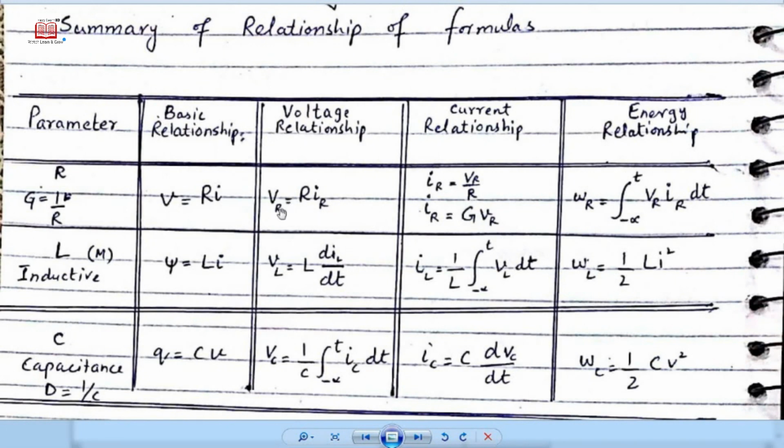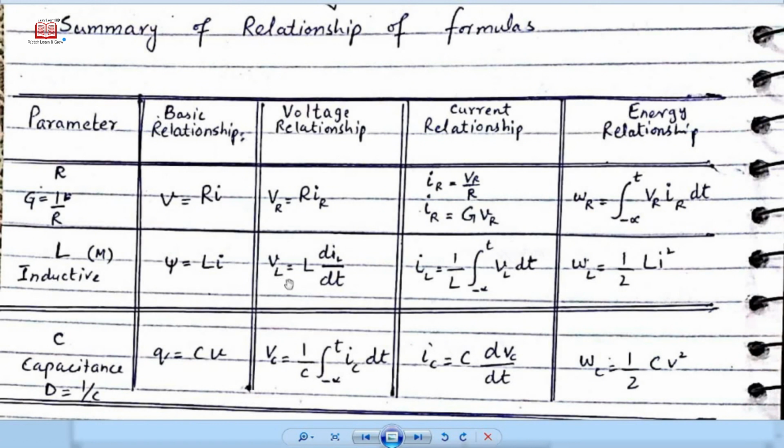Again, the voltage relationship, V is equal to Ri. In the subscript, I usually write R. That means this voltage and current belong to resistive circuits only, not to the voltage and current of inductive or capacitive circuits.